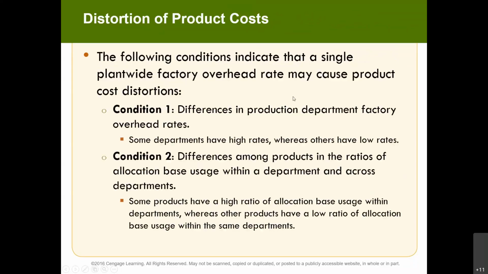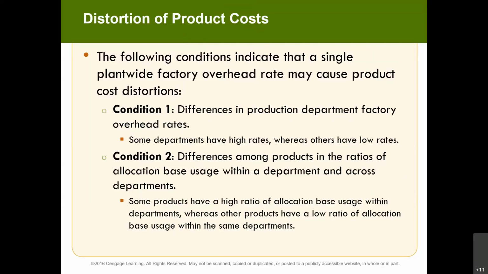Now, before we jump into activity-based costing, we need to talk about the distortion of product costs. When you hear the word distortion, it means the difference. Now, when you compare the different methods of allocating factory overhead, like looking at the single plant-wide method versus the multiple department method, we're going to see differences between those two methods.